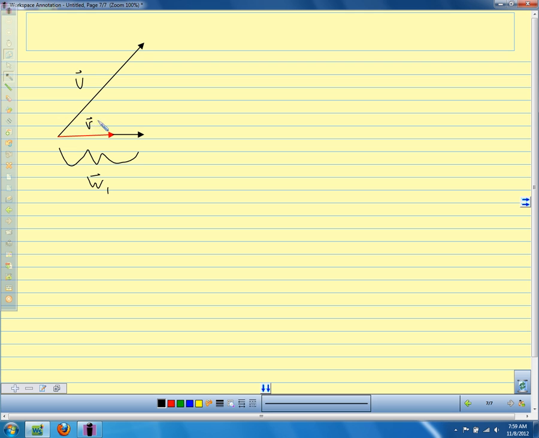And if theta is the angle between these two, this is theta, what is the length of vector W1? Magnitude of U times the cosine of theta. Well, what is this magnitude of U cosine theta part of?